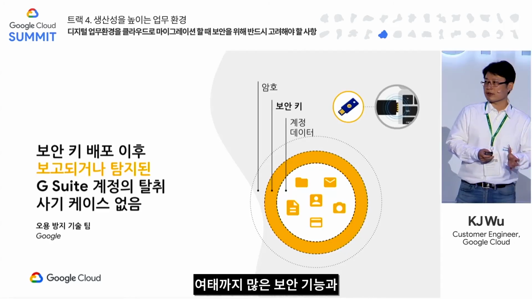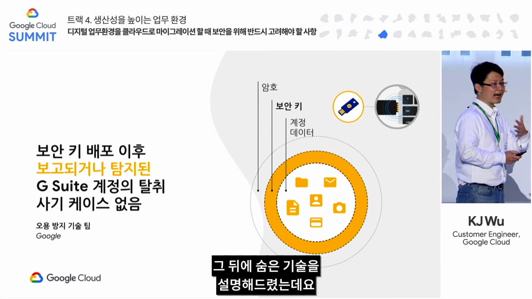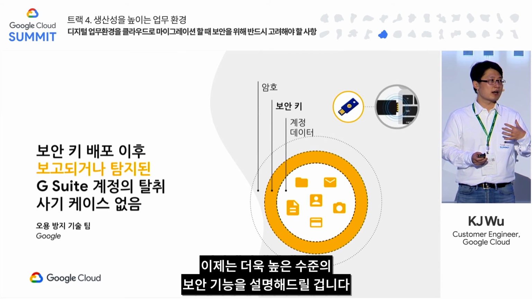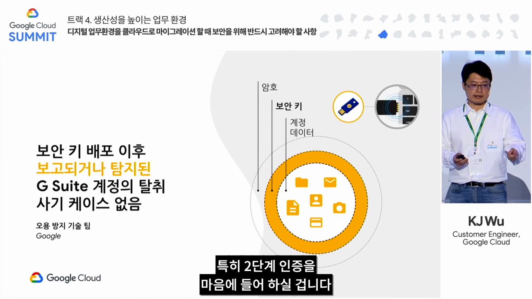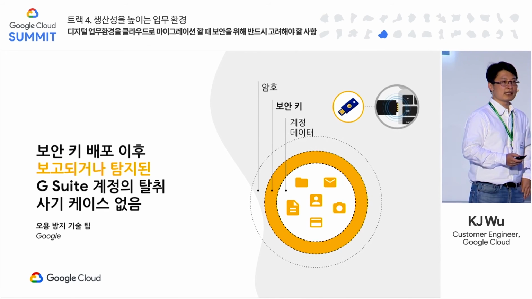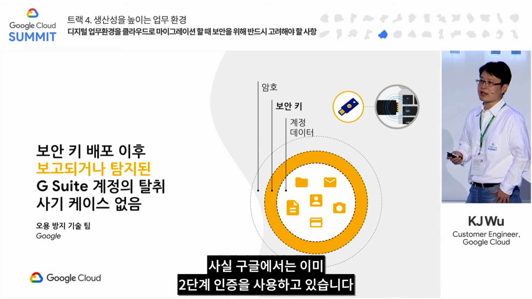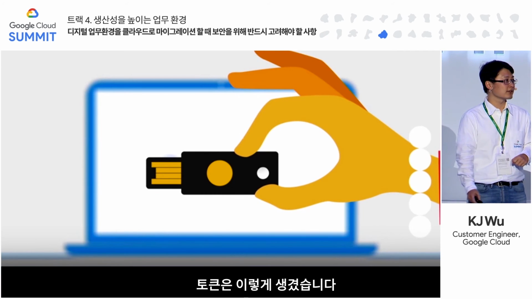And next one we're going to talk about. So far I have shown you a lot of security features and what we have done behind the scenes. The next one, if you want even more advanced security, I would suggest you turn on two-step verification. Actually, inside Google, we all use two-step verification. Everyone has a token, just looks like this.